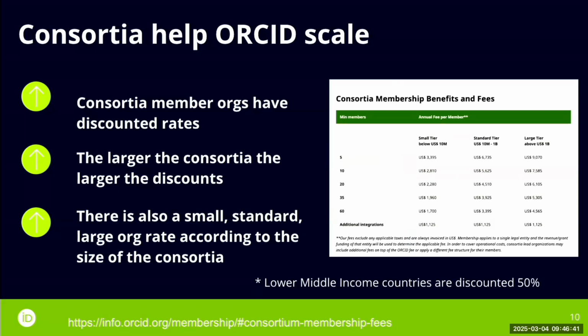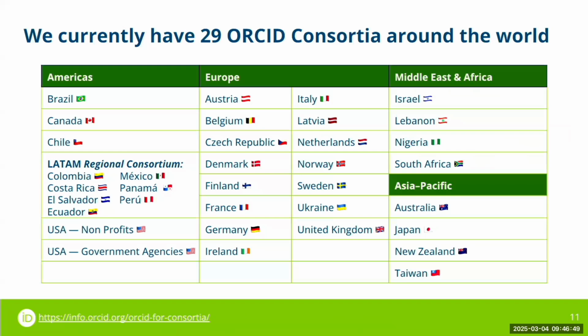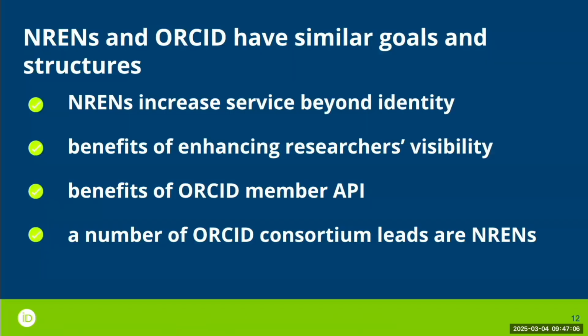I think they have 207 members now, and they have 3 full-time staff for the consortia helping with ORCID. But you can see again, like of the 29 consortia, most of them are in North America and Europe. And so we're definitely making inroads in other parts, and I'm going to talk about where those are.